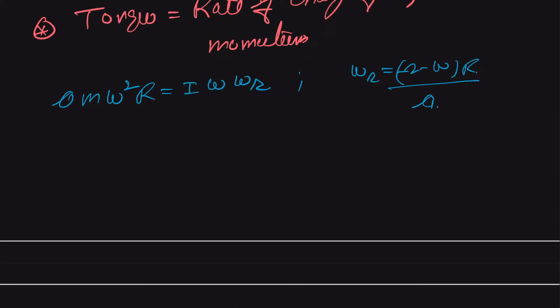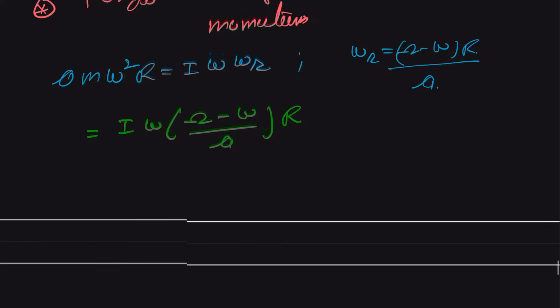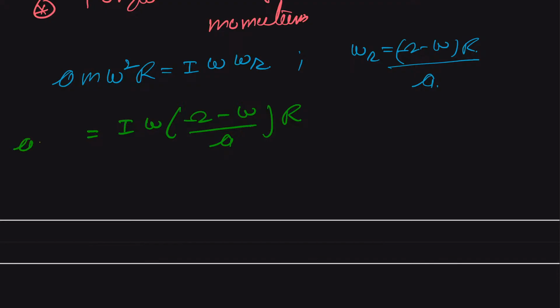So on the left side we can substitute it, and this gives us I times omega minus omega divided by A, multiplied by r. Let me write it here, A m omega square times r, and this r and r cancel out, and we can cancel the square also.